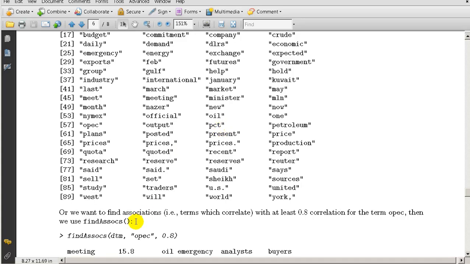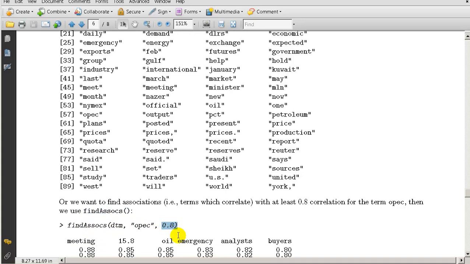Or we want to find associations, i.e. terms that are correlated with at least 80% correlation to the term OPEC. So I might want to see words that occur often with the term OPEC. They have a function called find associations, and you put in the matrix, then OPEC and the 80%, and you get the words.